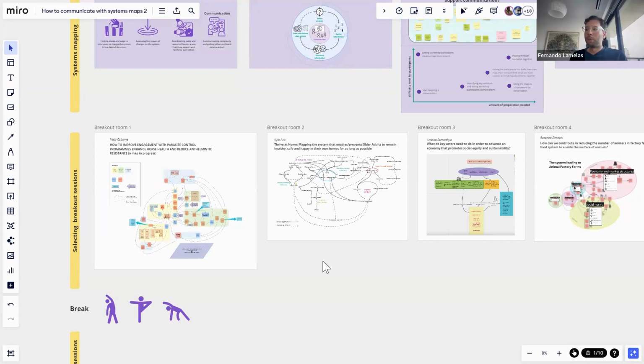So I was wondering, I haven't heard you mention, you spoke about variables, but you didn't mention some system dynamics components, such as stocks and flows of stocks. Maybe this is too big of a question, but what's the difference between system dynamics and systems mapping?